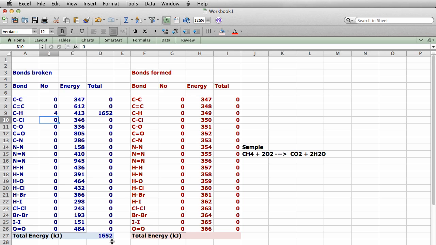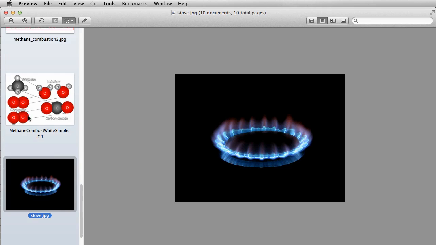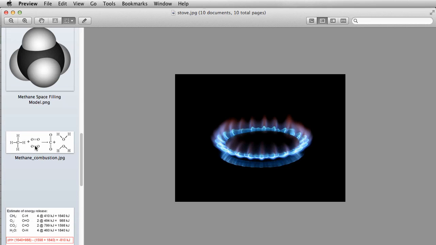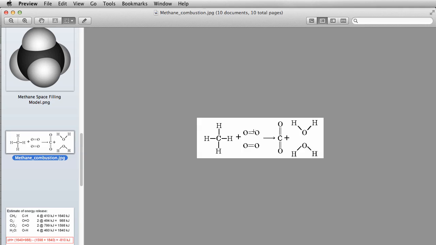Now, in addition, I have to break 2 oxygen-oxygen double bonds. Again, if we look back at the formula right here, we had 2 oxygen-oxygen double bonds which appear on the left but nowhere appear on the right. We have a carbon-oxygen double bond. In fact, we have 2 of them, but we have no oxygen-oxygen double bonds.